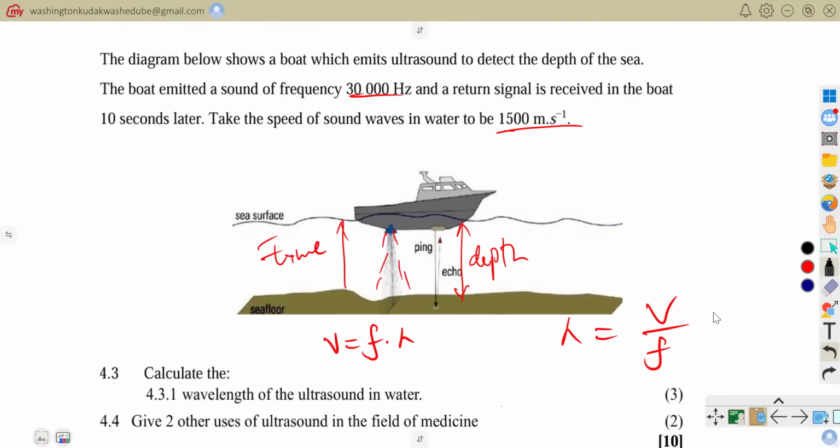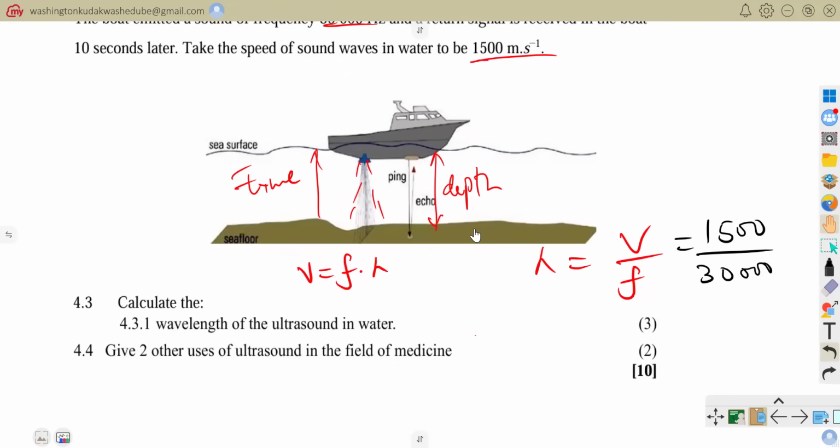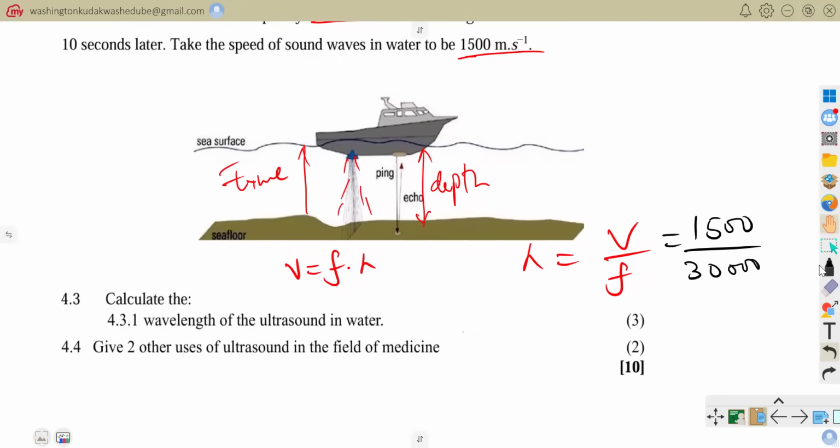Given that I have my speed and my frequency, I would say 1,500 divided by 30,000. This gives me 0.05 meters. That is what we expect to see in your calculations, and that becomes my lambda, which is my wavelength.